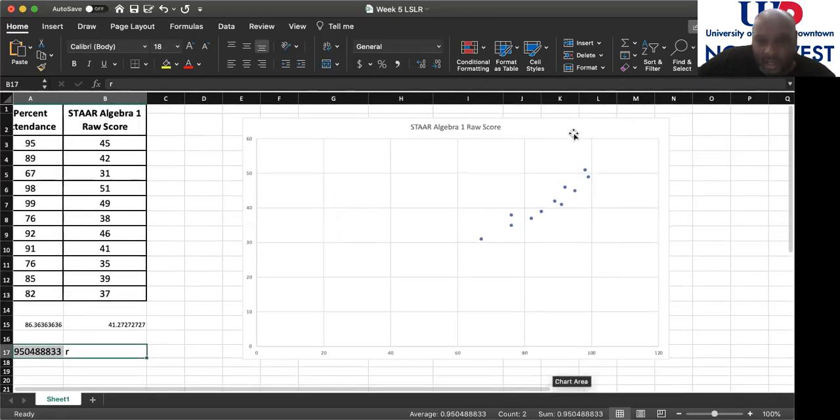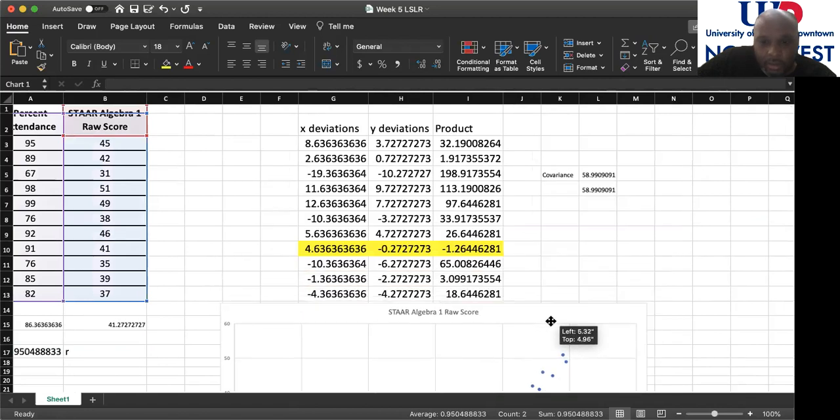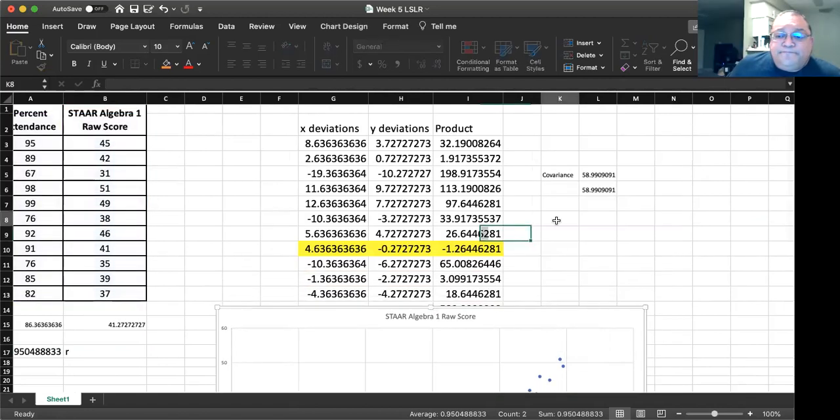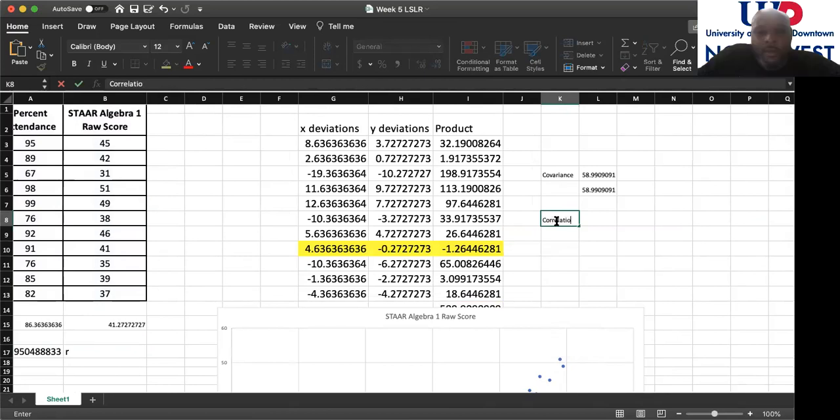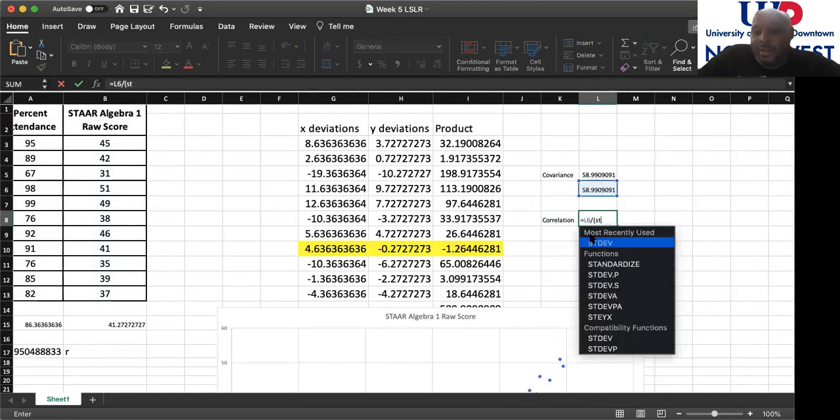Now, we could, if we wanted to, find R this way too. The formula for R is the covariance divided by the product of the standard deviations. So this is a sample again.